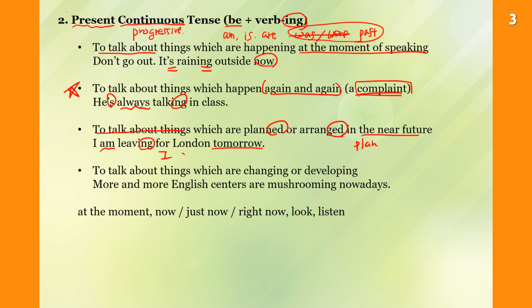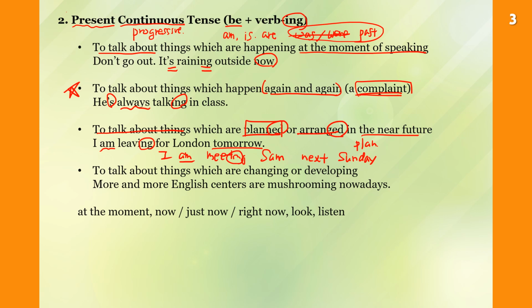I am meeting Sam next week, next Sunday. So this is already planned or arranged. So you can use be plus ing, present progressive.